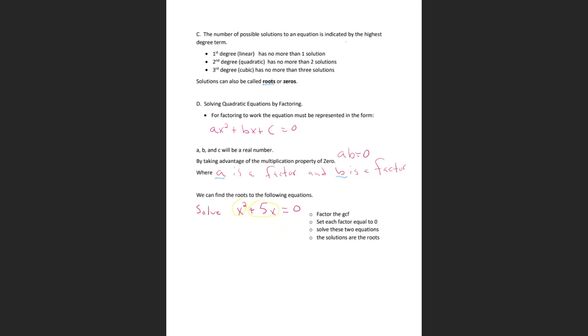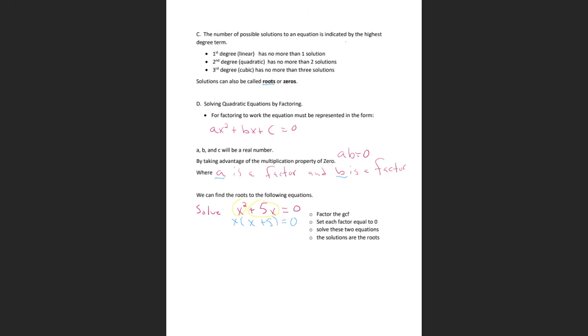What we're trying to do is identify a common factor, preferably the greatest common factor. Notice how they both have an x in common. So I'm allowed to factor an x out and then put the remaining factors in the parentheses. Since I brought an x out, that leaves me an x. And since I brought the x out here, that leaves me the 5. So we have the expression x times the quantity x plus 5, and that's now in factored form.